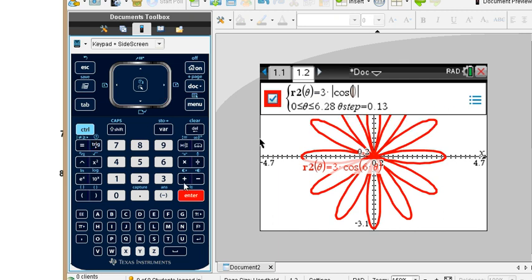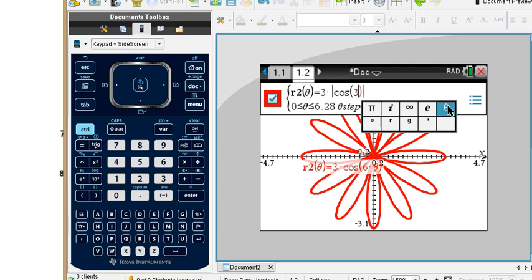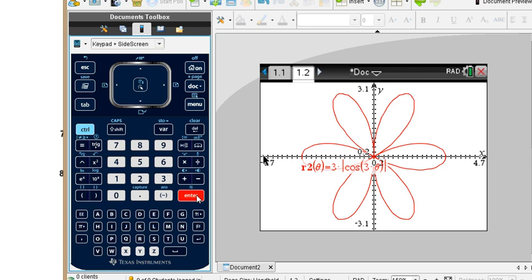And as the argument here, we're going to put in 3 theta. So 3, and I'm going to go to this pi symbol, theta. There we go. That should be it. Press Enter. There we have it. So we have a 6 petal rose, similar to how graph B is. And so we will say this is graph B.